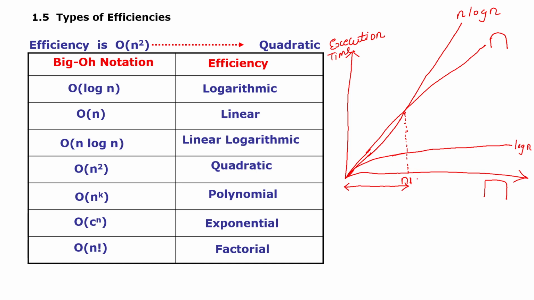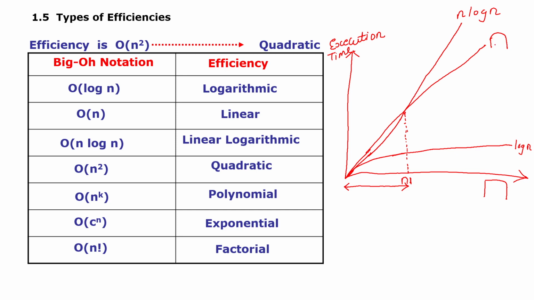But as the value of n increases, from here onwards, see where my pen is moving, from here till infinity, the graph of linear logarithmic is above linear, which means it will take more time than linear. So if somebody asks you whether linear logarithmic takes more time or less time than linear, and you are supposed to give only one answer, you will say that linear logarithmic takes more time than linear.